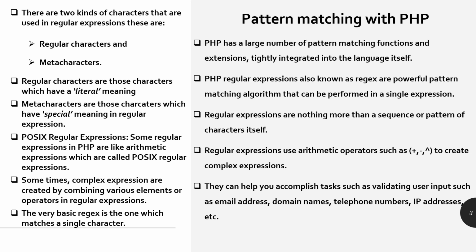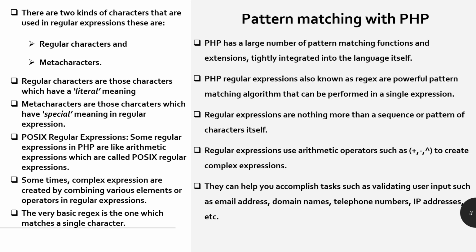There are two different types of characters used in regular expressions: regular characters and meta characters. Regular characters are those characters which have a literal meaning, whereas meta characters have a special meaning. That means using meta characters, very complex expressions can be created.